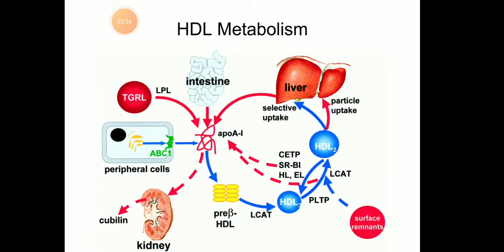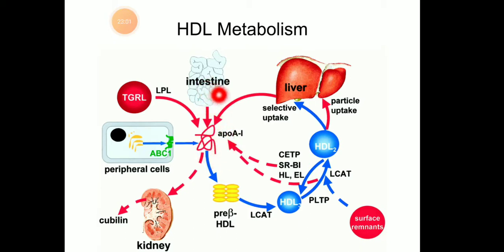Whereas if you look at the mechanism of HDL uptake, you will see that high density lipoproteins are synthesized in the liver and in the intestines, and circulate as a fragment of chylomicron and VLDL during lipolysis.